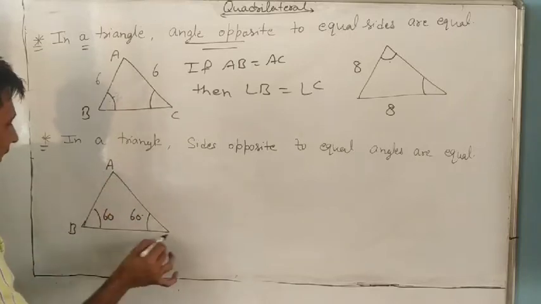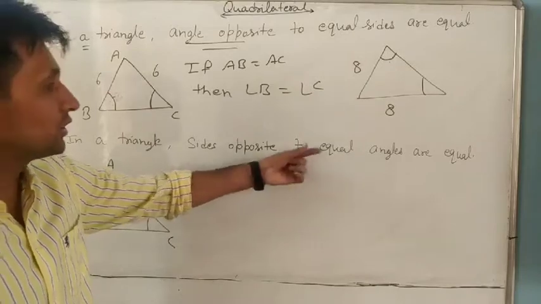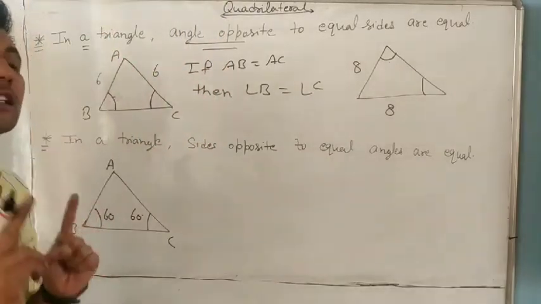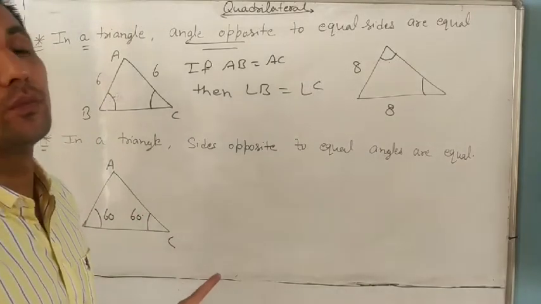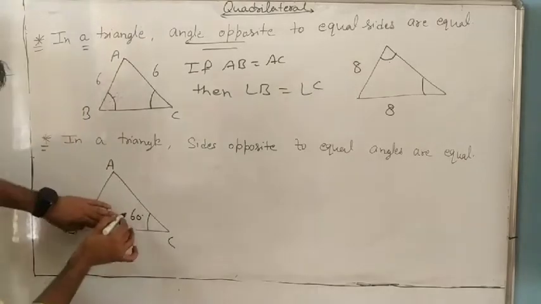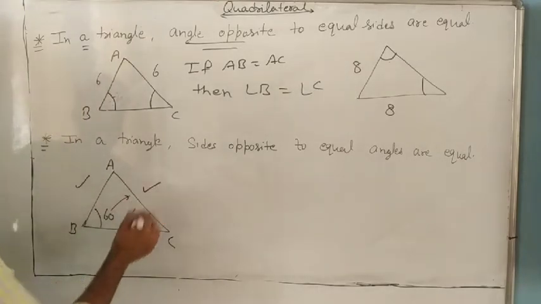If in a triangle two angles are equal, the sides opposite to the equal angles are always equal. So the side opposite of this angle and the side opposite of this angle are also equal.